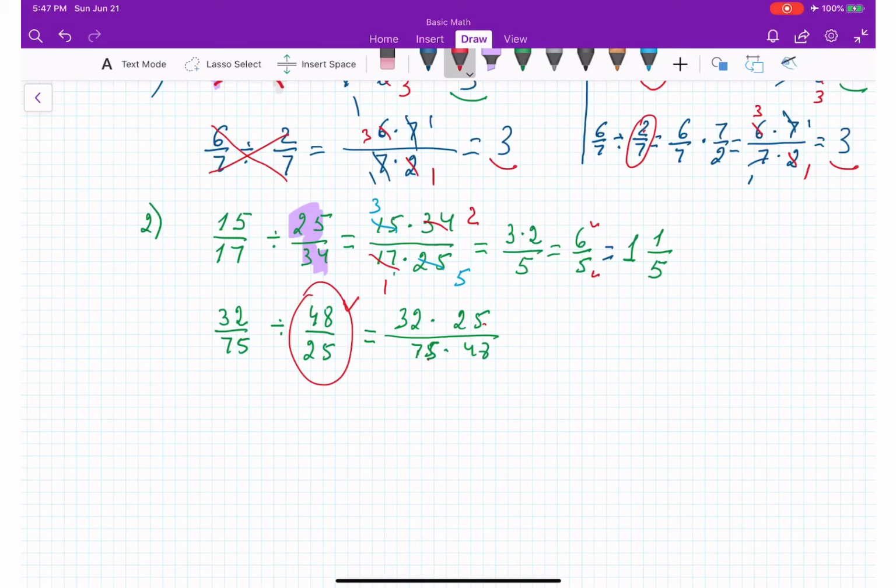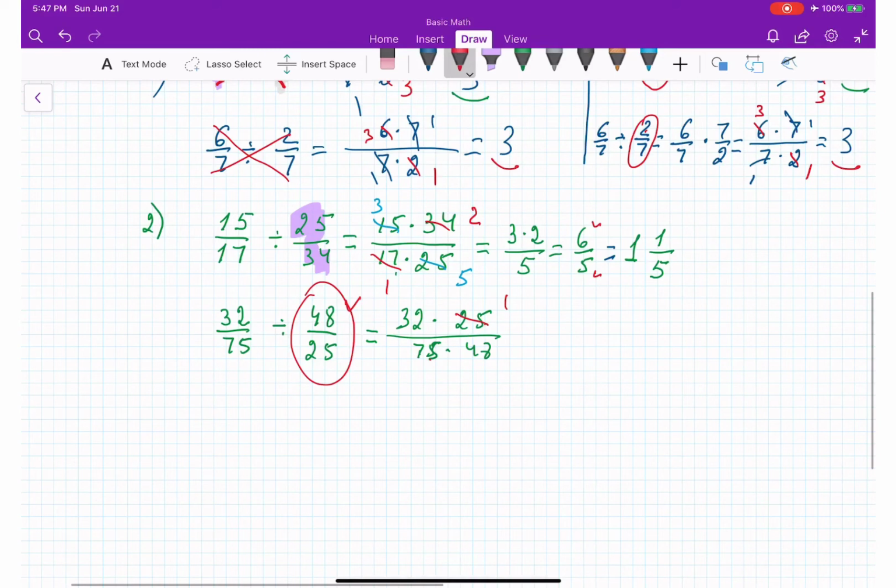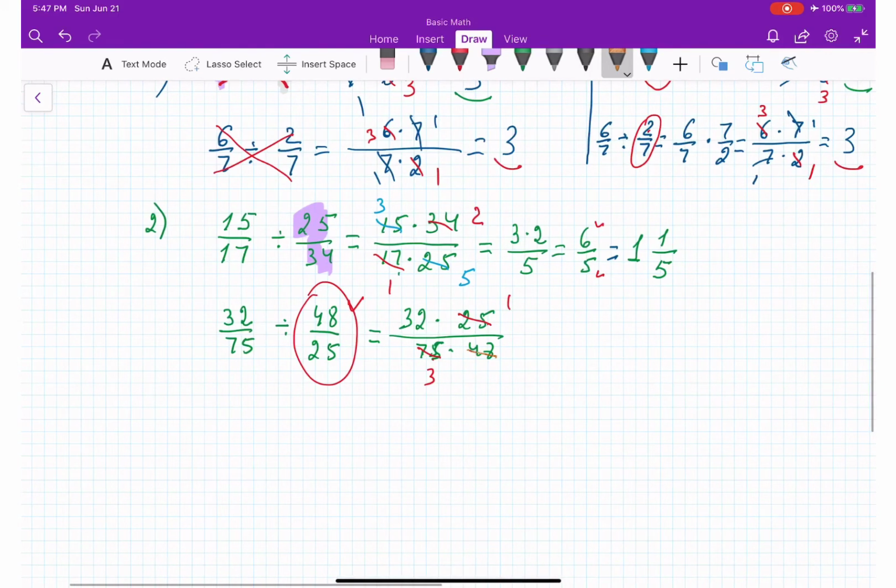Both of them I can divide by 25, correct? So this is going to be 1. 75 divided by 25 is 3. Now, 32 and 48. Both of them I can divide by how much? 16. Yes? So it's going to be 3. Here it's going to be 2.